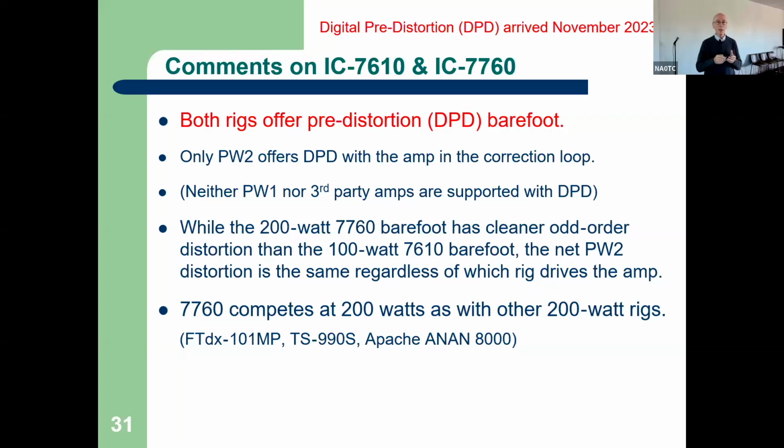The 7760 is about 8 dB cleaner than the 7610. But once you drive the PW2, it's a wash. So if you don't need a 200-watt rig to drive an amp, which you probably don't, you'll work just fine with the PW2 on. The other 200-watt rigs are the 101MP, TS-990S, and the Apache 8000.